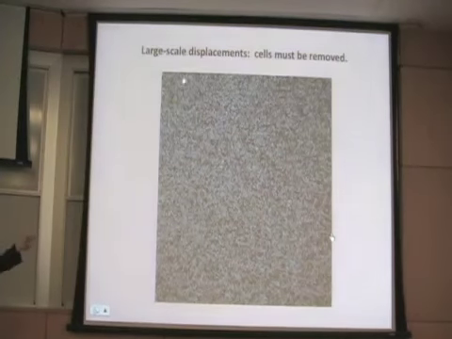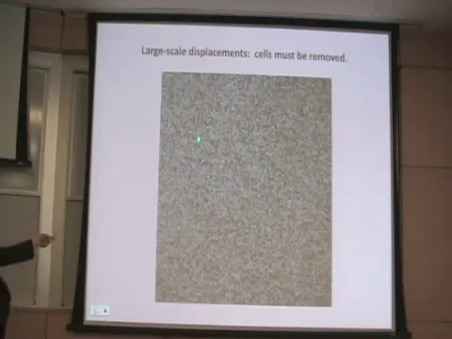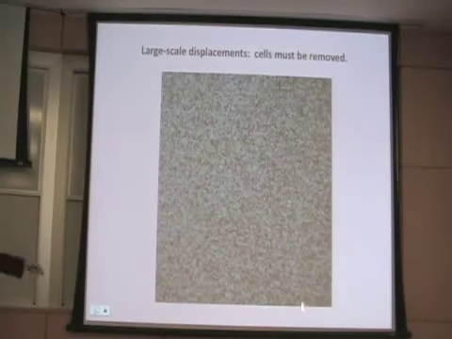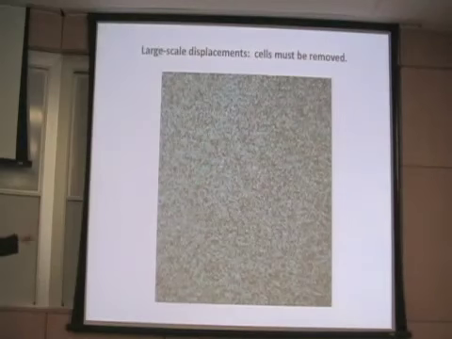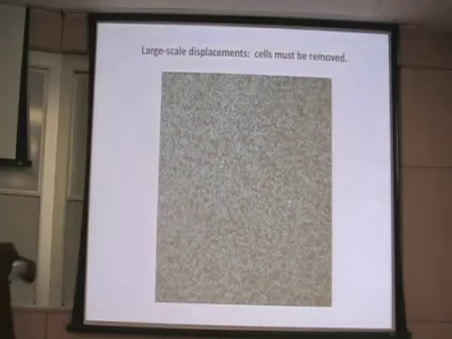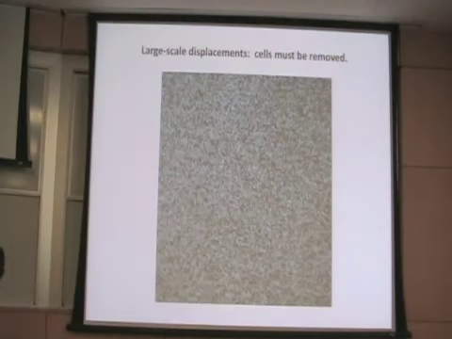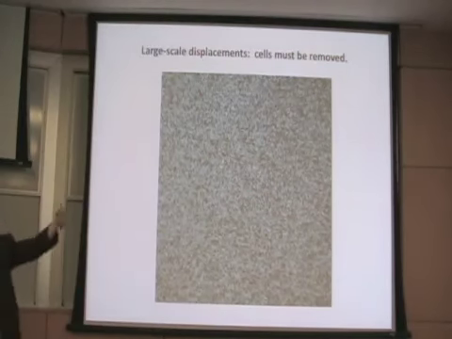So if you trypsinize the cells, instead of that little short wavelength high frequency motion, you see larger scale deformations. Again, this is the same 800 micron field of view, so you see big bands that move in the same direction. So there are large scale deformations that propagate from cell to cell and actually move in the same direction. These deformations are no longer balanced within the cell. They're balanced over many cells.